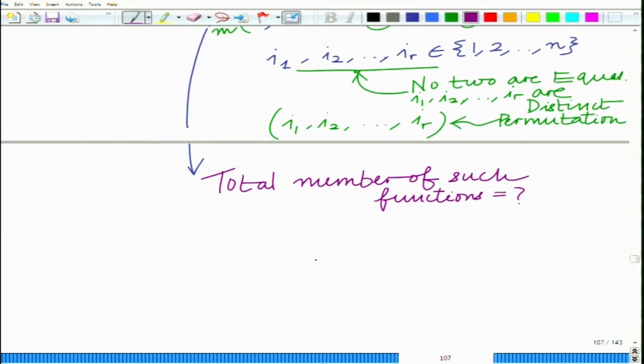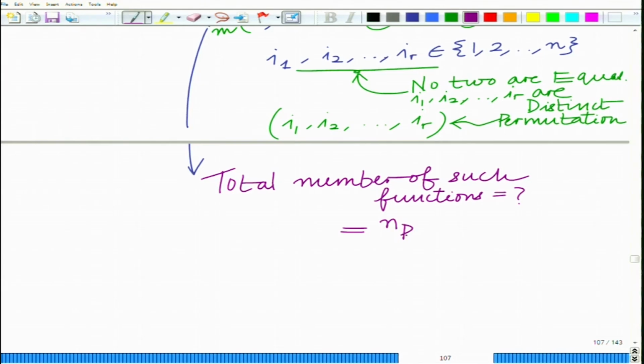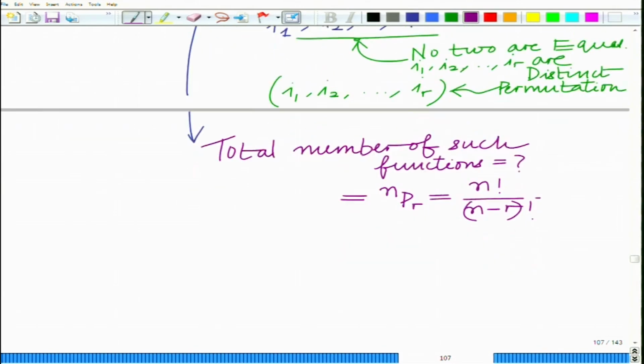That is the total number of permutations of r objects from a set of n objects, that is nPr. So the total number of permutations will be nPr. You might have seen this in high school, this is n factorial by (n minus r) factorial. Okay. So that is the total number of such functions f_m of x bar.